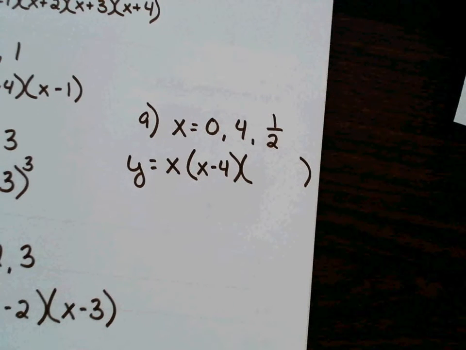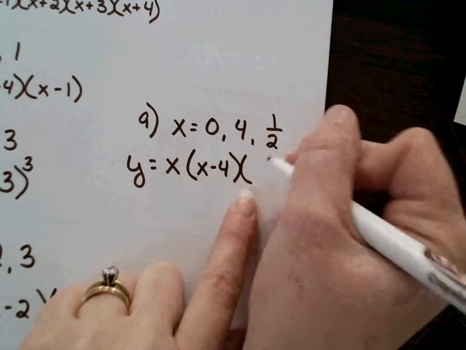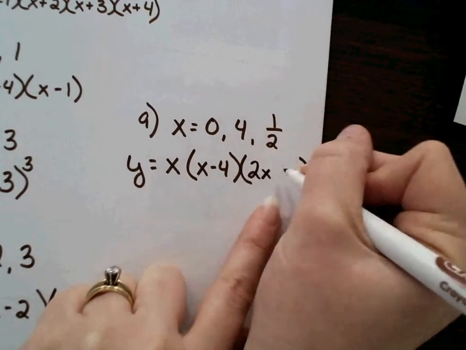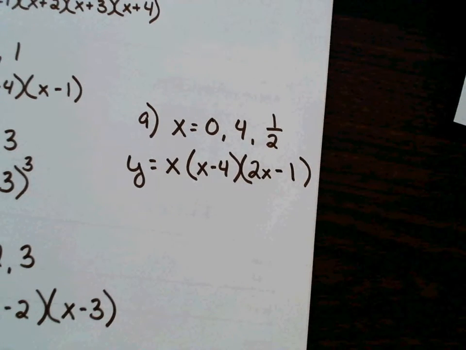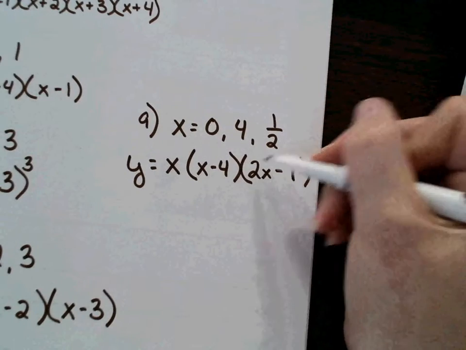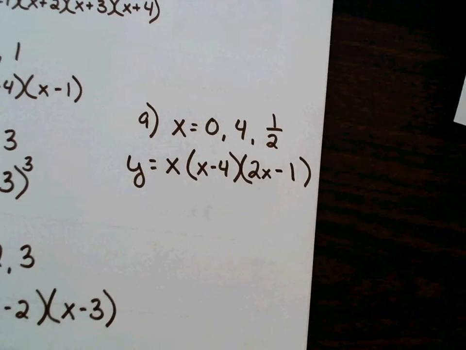So you cannot put 0.5, you cannot put 1/2. You have to separate it out, okay? The denominator, the bottom number, always goes with your x. So 2x minus 1. All you do is take your bottom number, put it with your x, 2x minus 1.